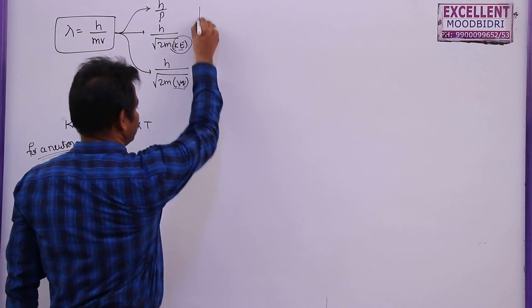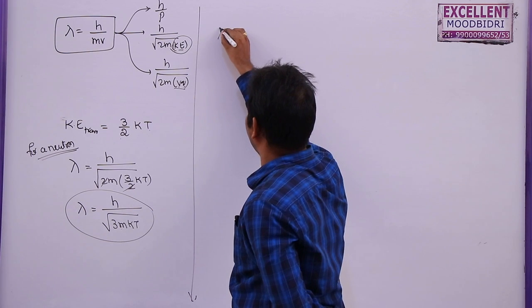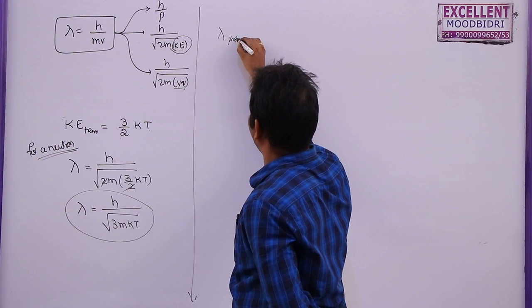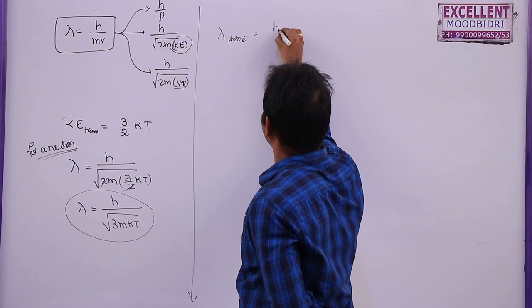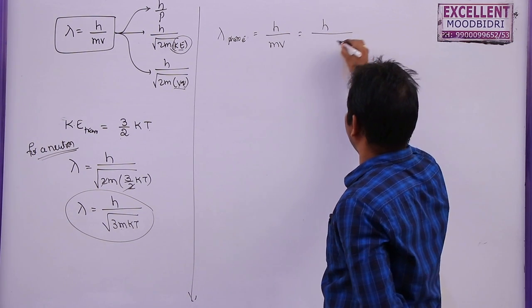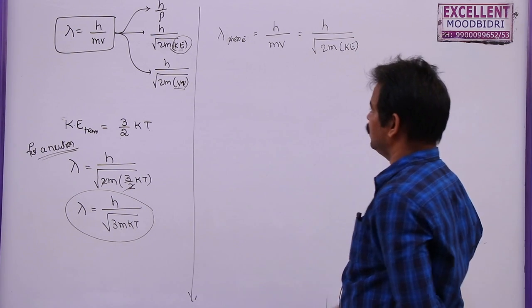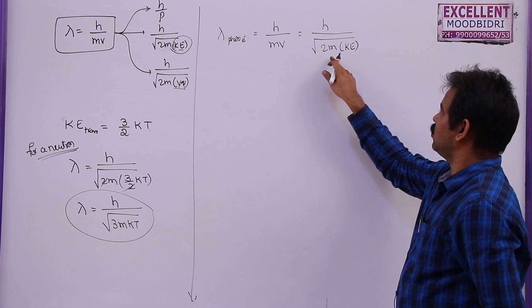Similarly, suppose you take a photoelectron, what is the de Broglie wavelength for a photoelectron, which is given by h by mv here. So this is h by root over 2m KE, since momentum mv is equal to root over 2m KE.